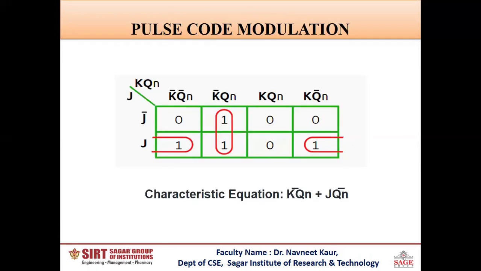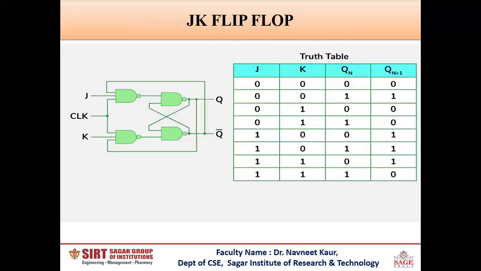Here we can see that when Qn is equal to 0 and Qn plus 1 is equal to 0, the first and third conditions meet the criteria. In that case, J is 0 in both cases, whereas K is 0 in the first case and K is 1 in the second case.